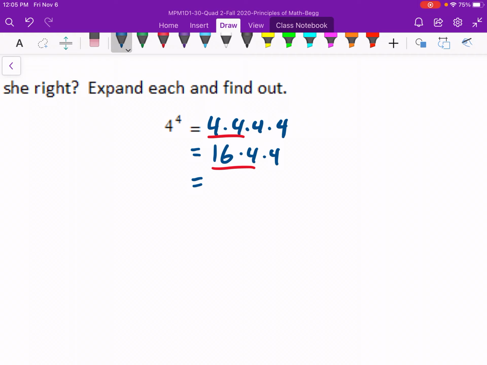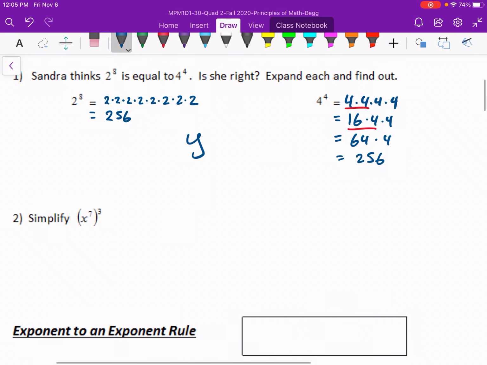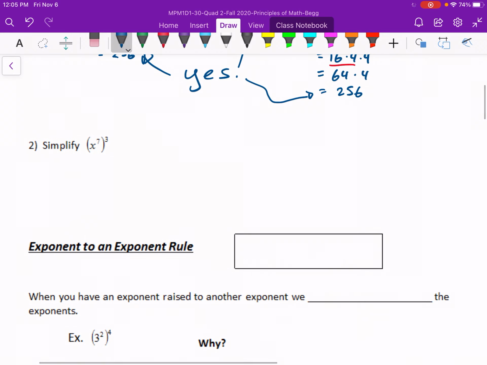I'm just showing my steps. 16 times 4 is 64 times 4, and 64 times 4 equals 256. So yes, they are equivalent. Interesting, 4 to the 4 is the same as 2 to the 8. I wonder if there's some way that we can use that later on.